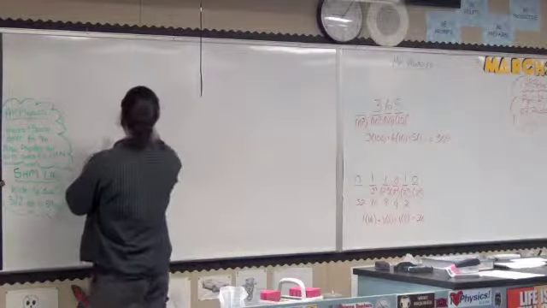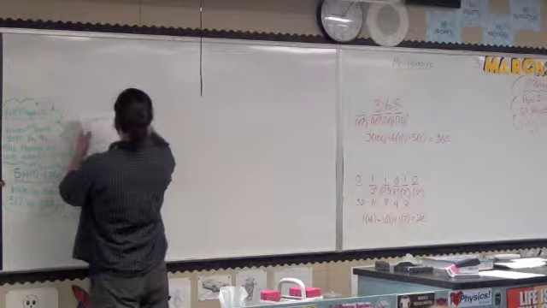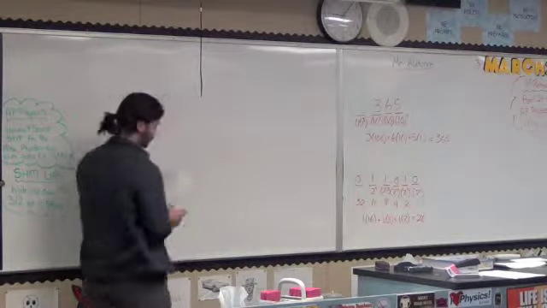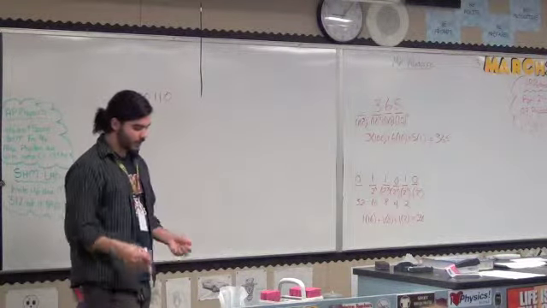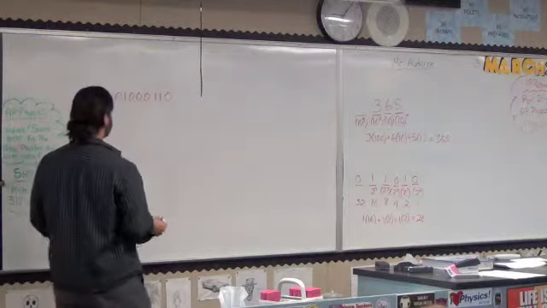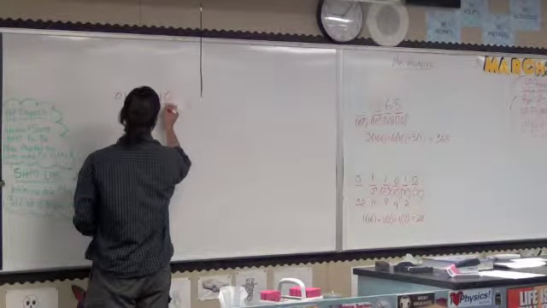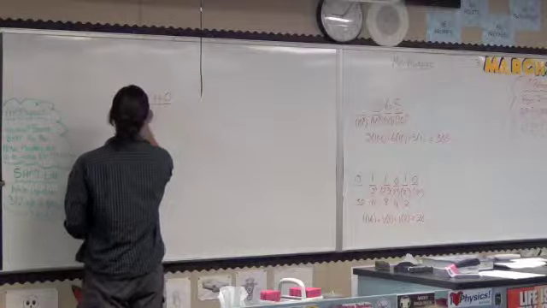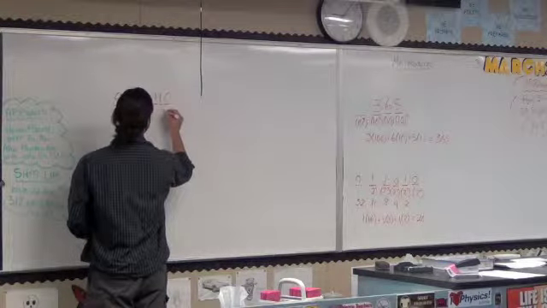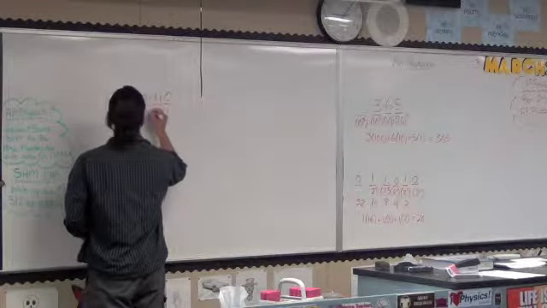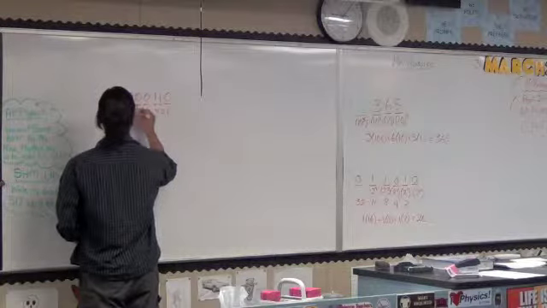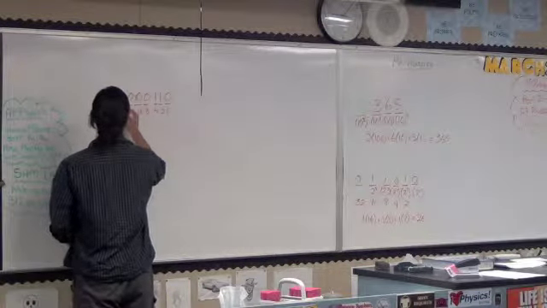The first byte says 0, 1, 0, and we need to find out what symbol they're trying to communicate to us. So again, you've got all of these different places, the 1's place, 2's place, 4's, 8, 16, 32, 64, and 128.